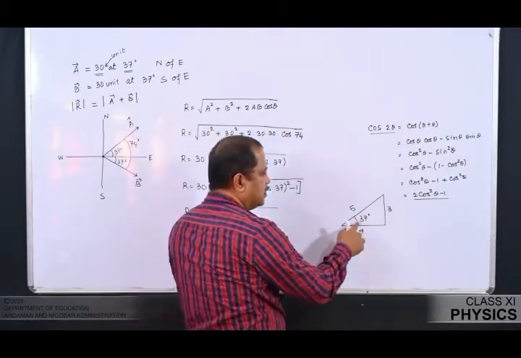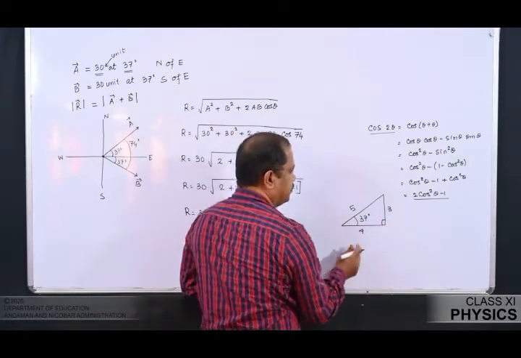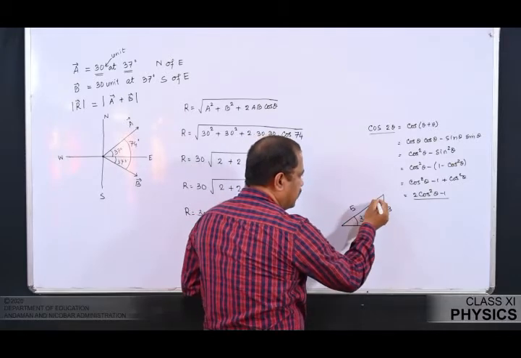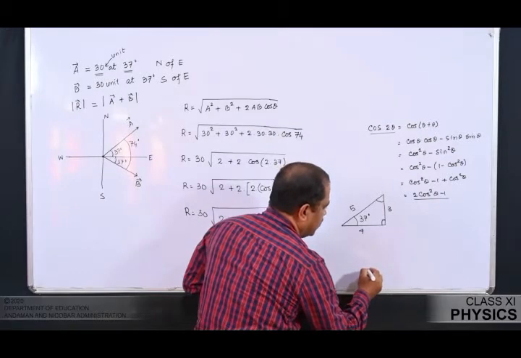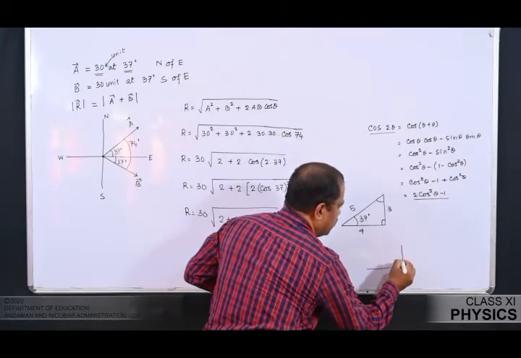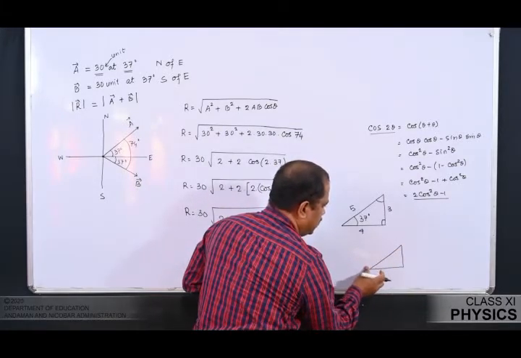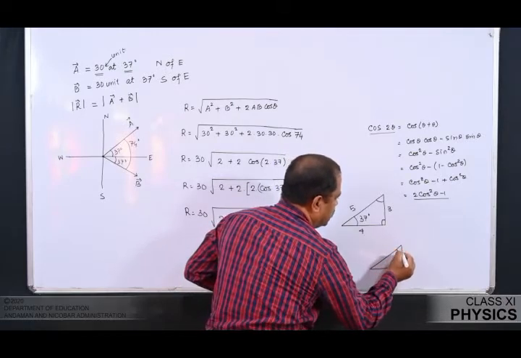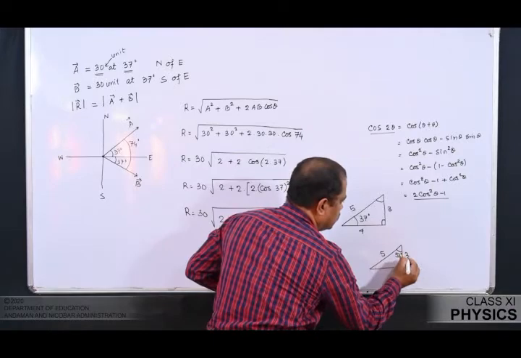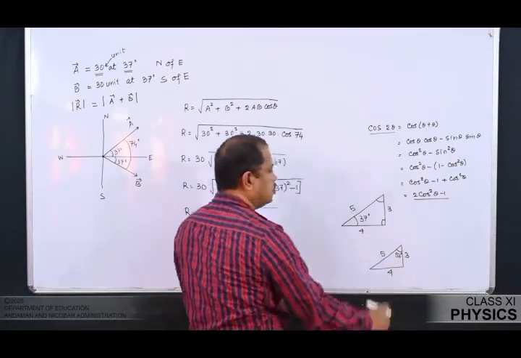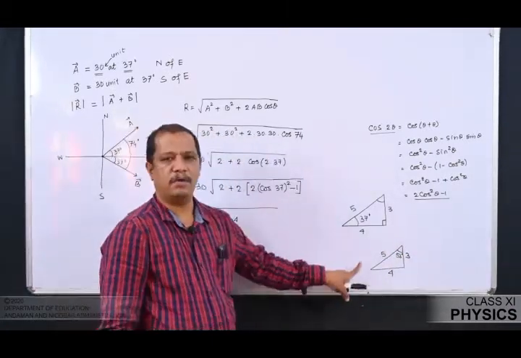Now if this is 37 degrees, this is 90 degree, definitely this is going to have 53 degree. So if I redraw once again like this, if I have this angle as 53 degree, then again this is 5, this is 3 and 4. So these two triangles we must remember.